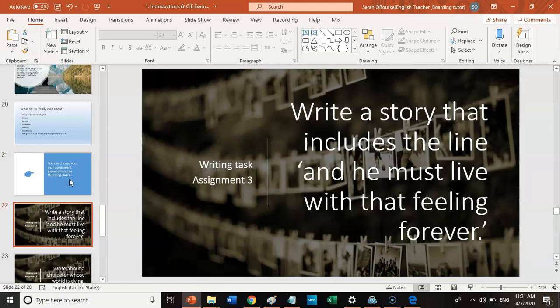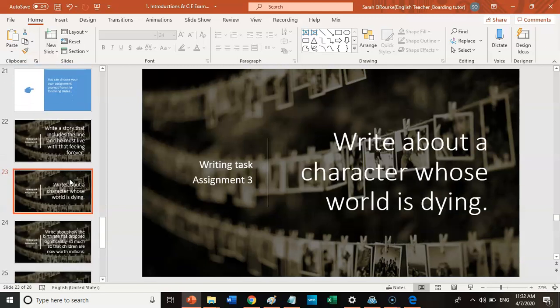Write a story that includes the line, "and he must live with that feeling forever." So the line could be at the start, middle, end, wherever. But the story at some point has to include that phrase. Write about a character whose world is dying.